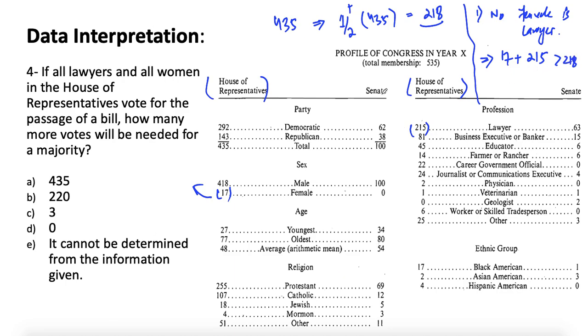So in this scenario they need 0 votes further to get the majority, because they're already in the majority. This is the first scenario.